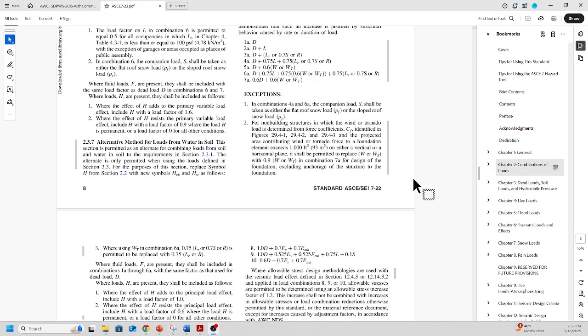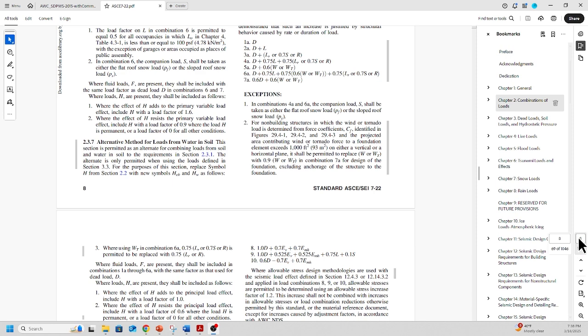Right here, chapter 2 ASCE, for allowable stress design for earthquake, you got load combinations 8, 9, 10. We got to find out which one of these applies to our case, because we have a dead load and roof live load, and then find out what EV and EH is. Let's go to chapter 12.